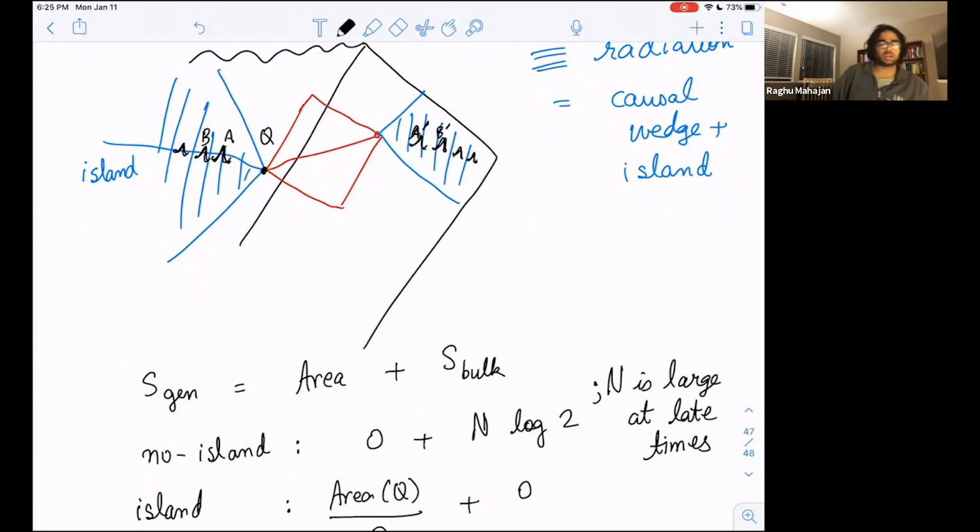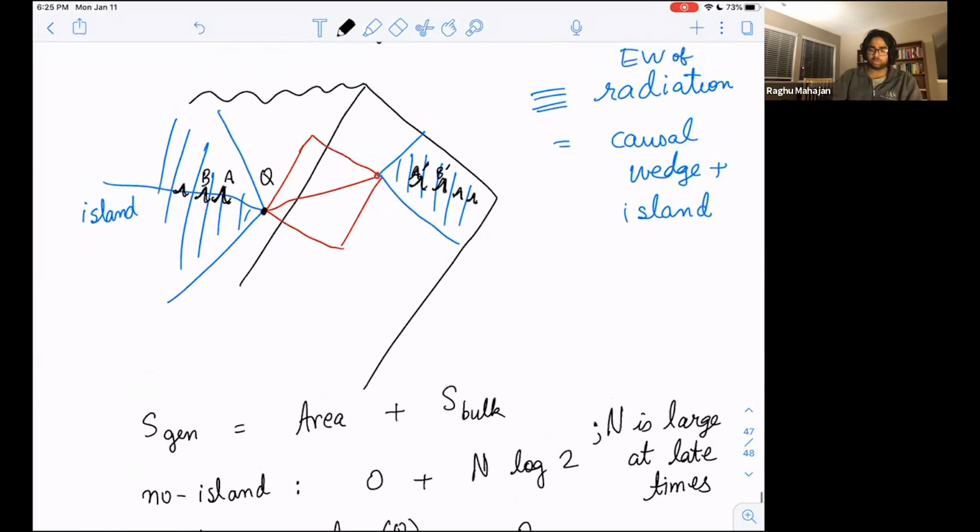Actually, there are some arguments from this quantum focusing conjecture, which you might have thought would predict that this quantum extremal surface should always lie inside the horizon. Because if you have a quantum extremal surface and you start drawing light rays that go parallel, there are some inequalities it has to satisfy.